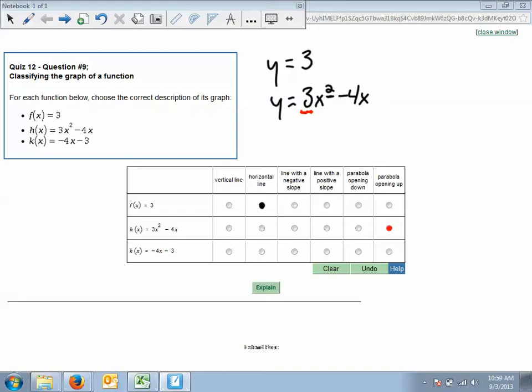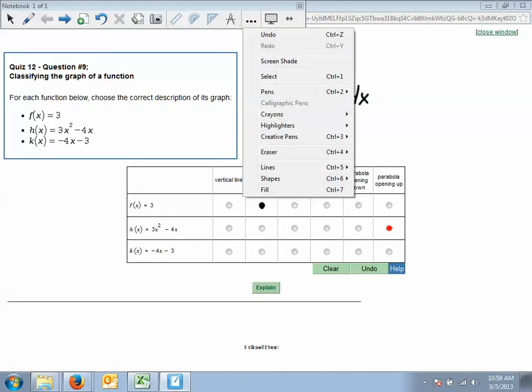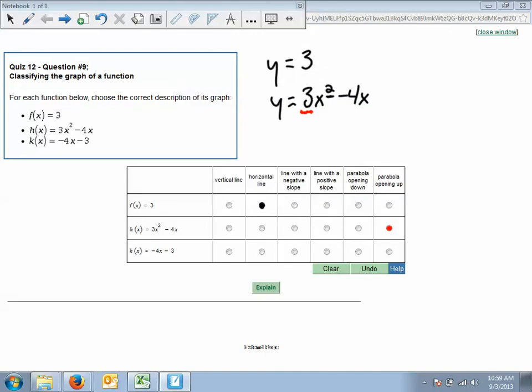So then the last one we have is k of x equals negative 4x minus 3. Just like the other ones, we can think of this in the form y equals negative 4x minus 3. Looking at this, our highest degree term is just an x. Anytime we just have an x as our highest, we know that that's going to be a line. We have multiple options: vertical line, horizontal line, a line with a negative slope, a line with a positive slope.